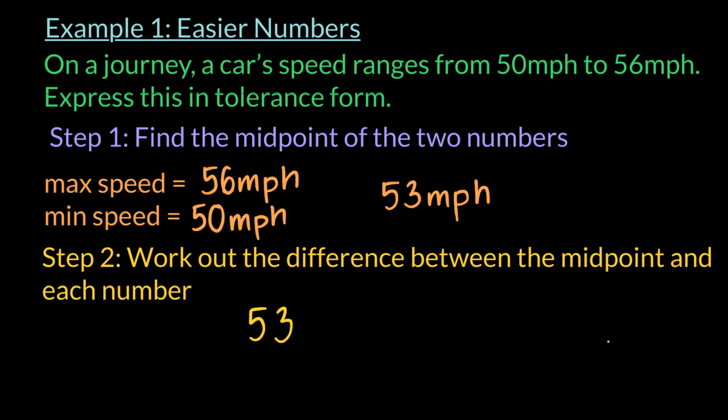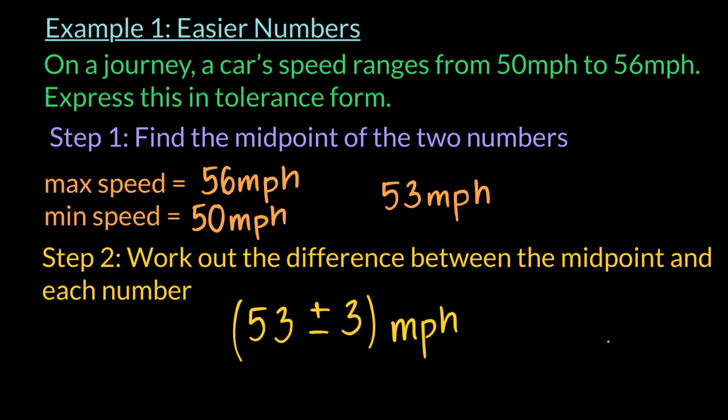So you can either do 53 take away 50 or 56 take away 53 and you'll get the same answer. But common sense, just looking at this question, will tell you that it's 3. So 53 plus or minus 3. We'll stick it in some brackets and it's miles per hour.